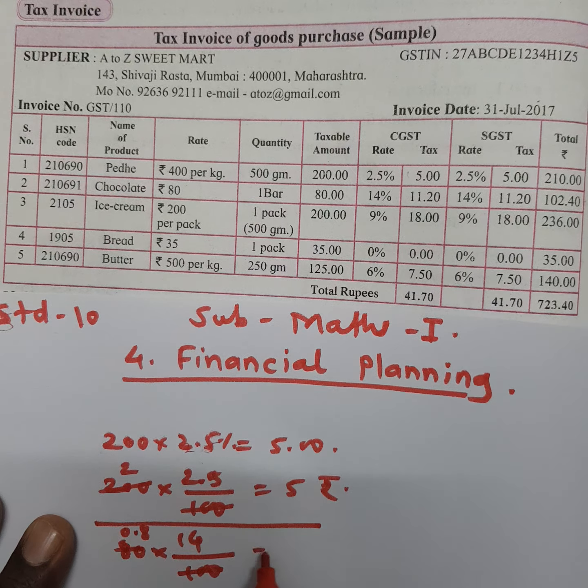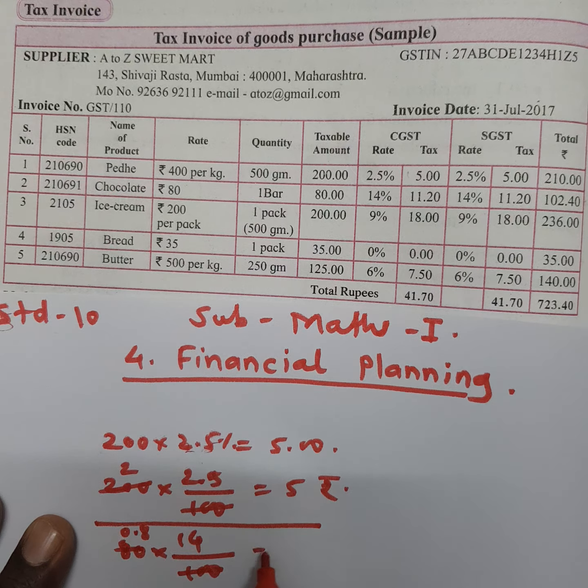In this way, 5 items are given, serial numbers 1 to 5, with their HSN codes and products. After pedha and chocolate, ice cream, bread and butter are also items purchased by the customer. Their rates and quantities are given, and in the same way their taxable amounts and CGST and SGST amounts are calculated, and then the total rupees.